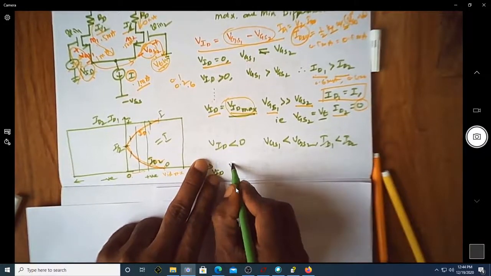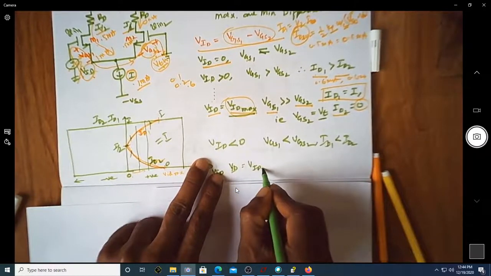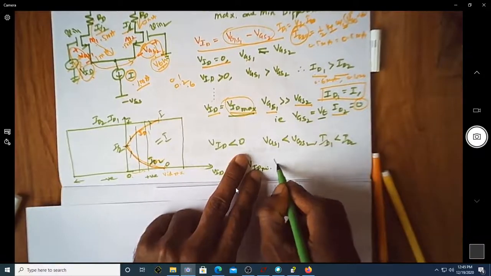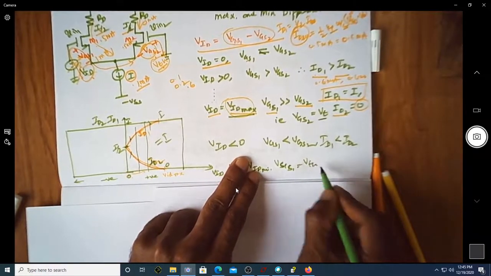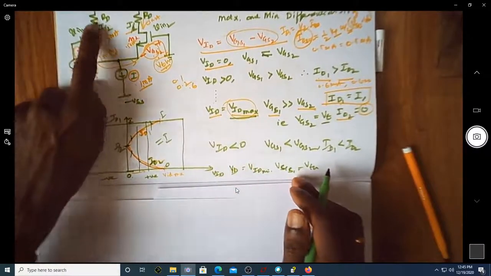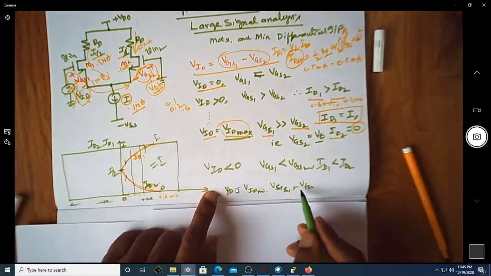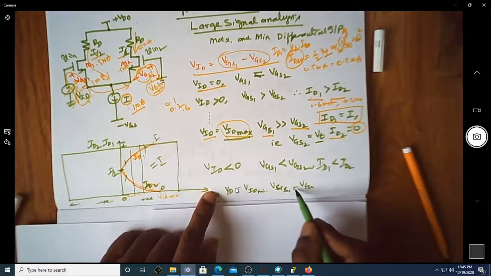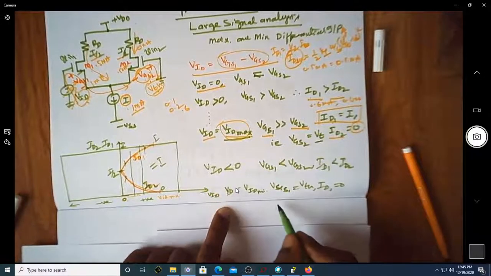A stage may be reached when VID is equal to VID minimum, where VGS1 will become VTH. Whenever VGS1 becomes VTH, the current ceases here, because for the current to flow, VGS has to be greater than VTH. If it is equal to VTH, then ID1 is equal to 0.